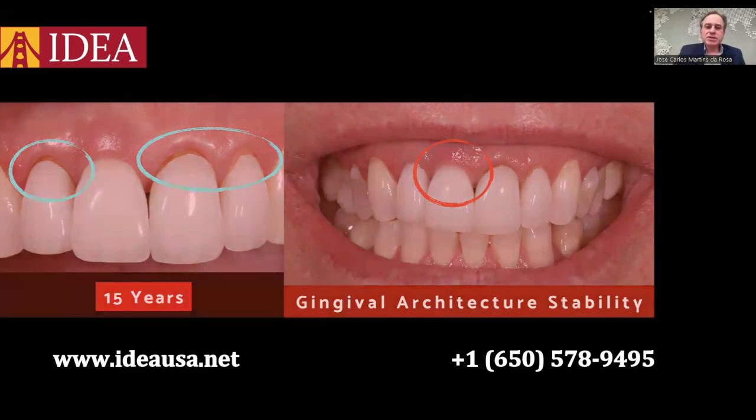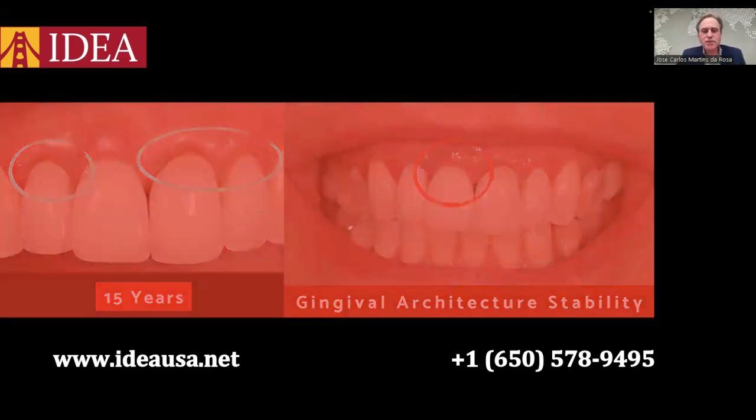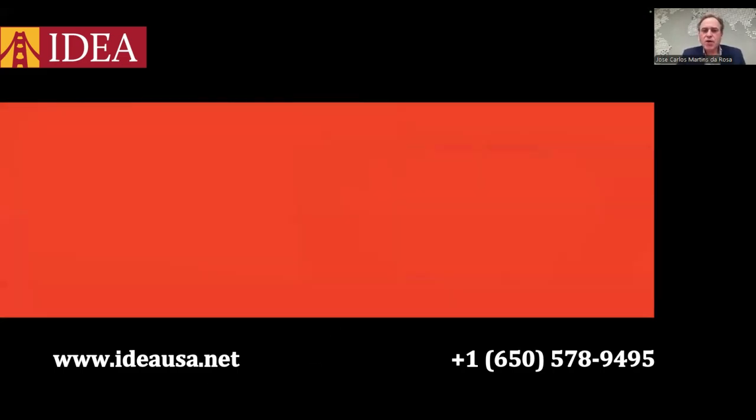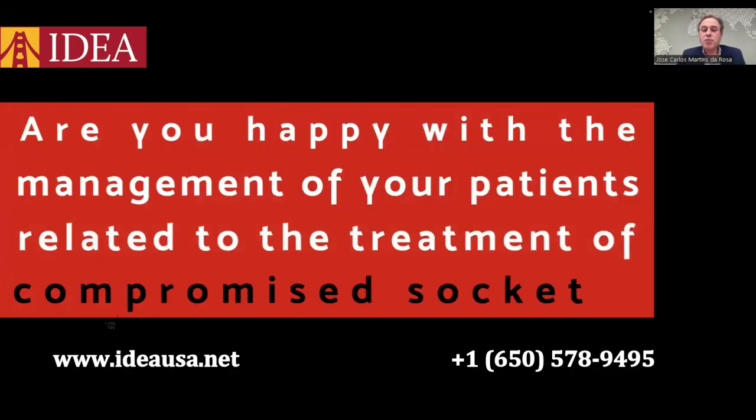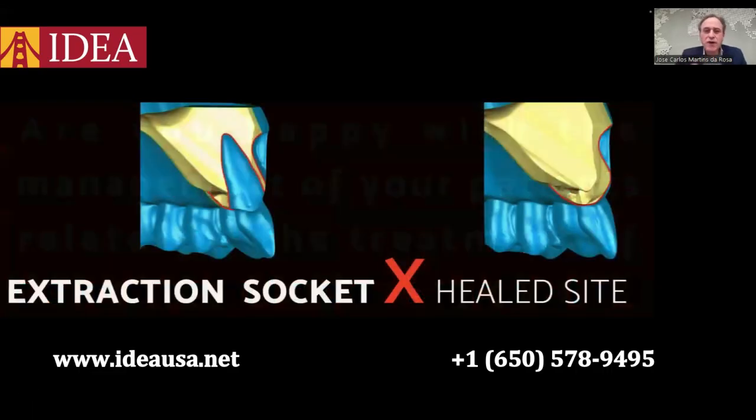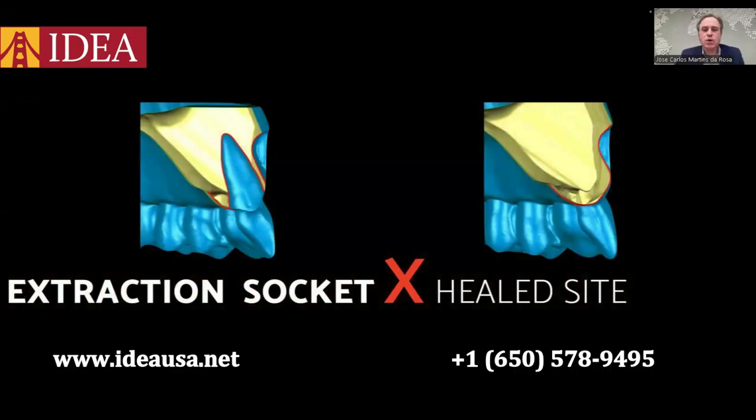So the question is, are you happy with the management of your patients related to the treatment of compromised sockets? And if you need to face some scenario, what would you prefer?